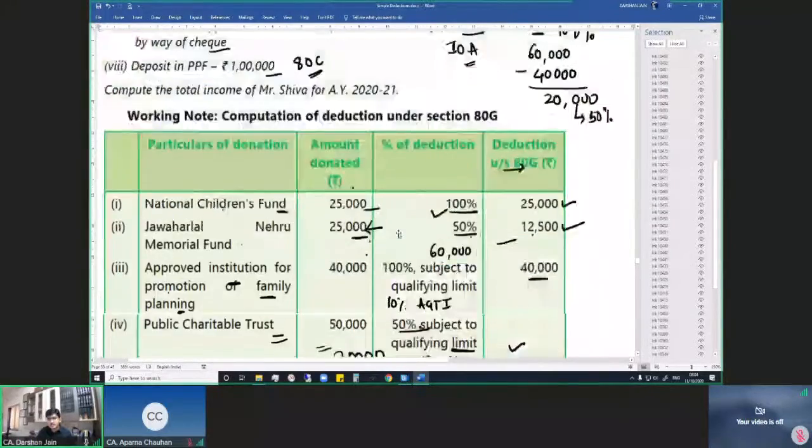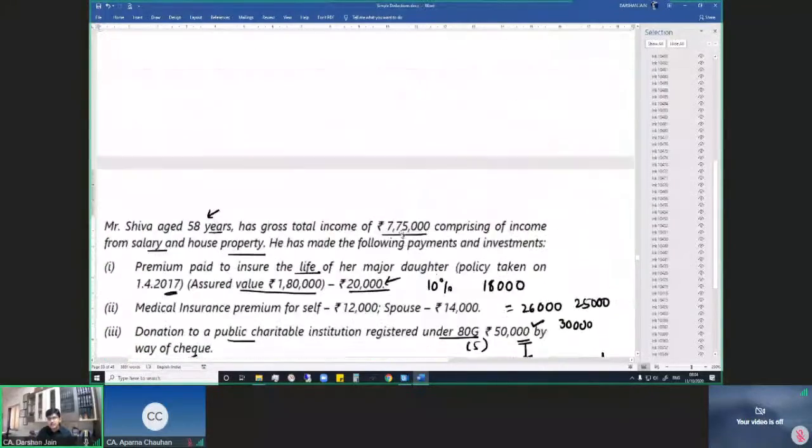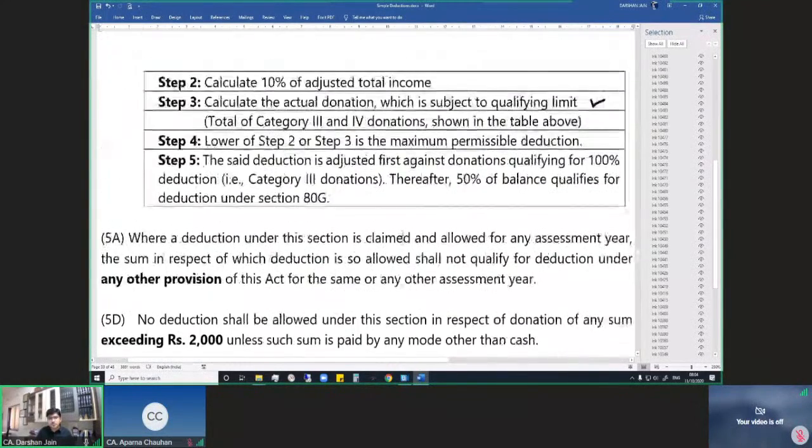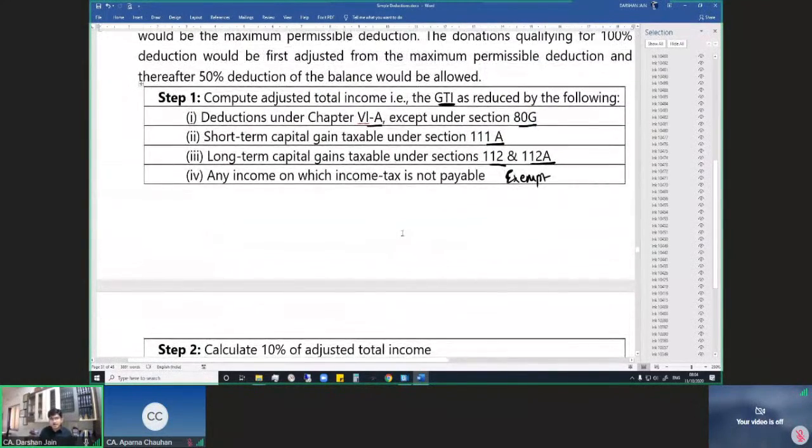As far as the donation is concerned, it would be important to compute the adjusted gross total income in the following manner. You take up the GTI simpliciter and thereafter deduct any other deduction that you've claimed under Chapter 6A, and short-term capital gain and long-term capital gain which are subjected to special rate.